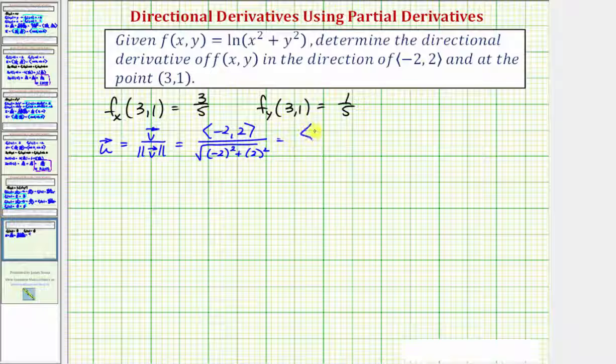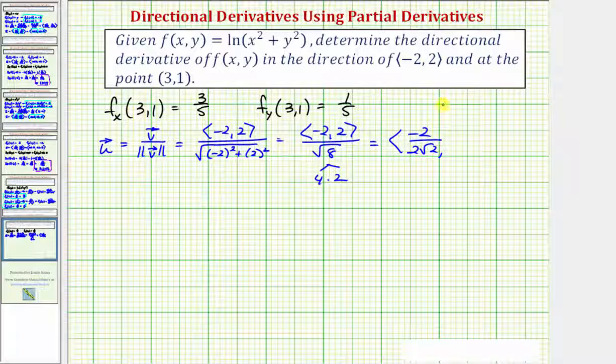So we have the given vector divided by the square root of 4 plus 4, the square root of 8. Because 8 is equal to 4 times 2, the square root of 8 simplifies to 2 square root 2. So let's write this as negative 2 divided by 2 square root 2, comma, 2 divided by 2 square root 2.